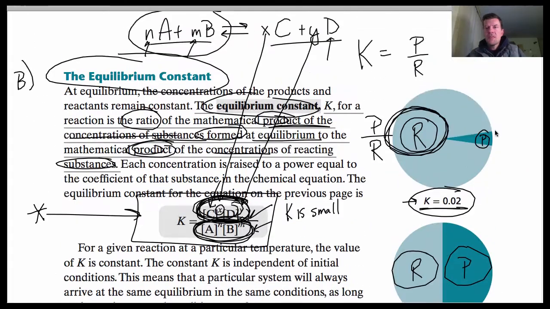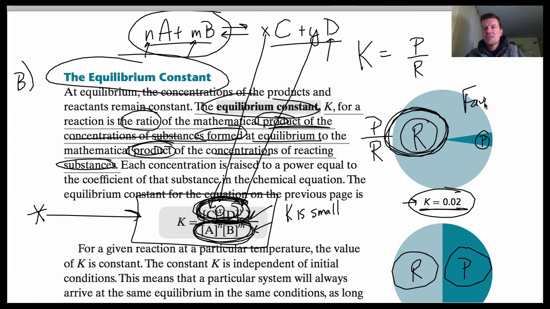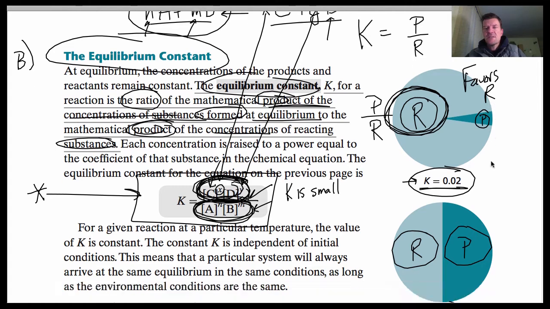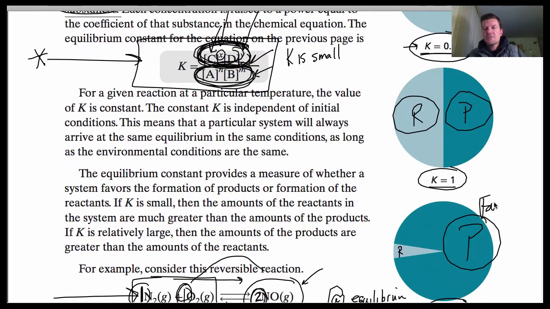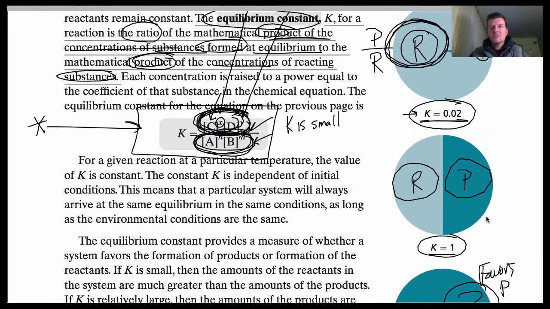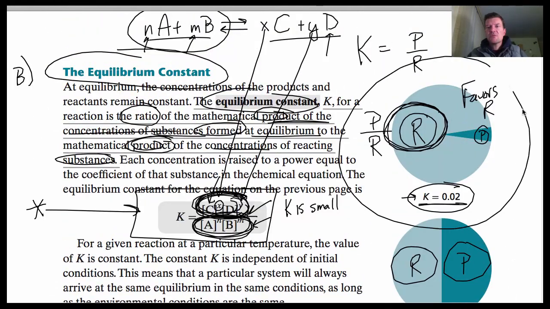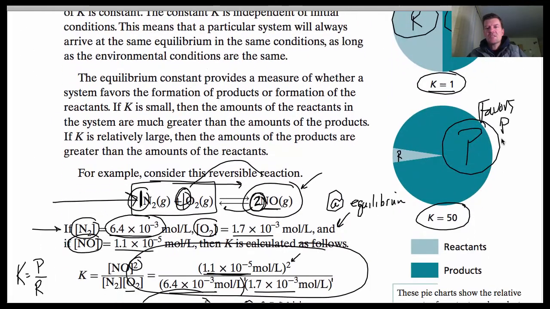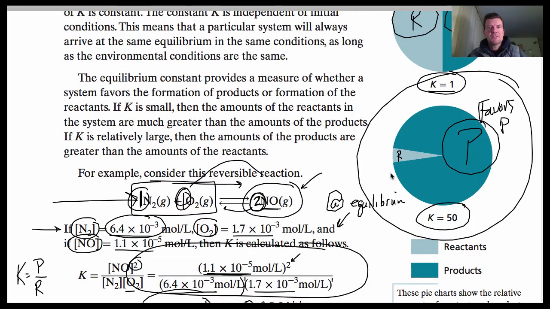I'll put it up here. This favors reactants. This favors products. Okay? So when the K is small, we say the reaction favors reactants. When the K is large, we say it favors the products. Okay?